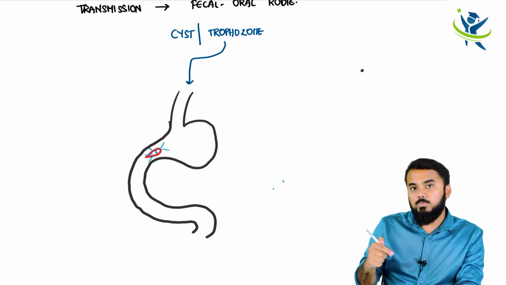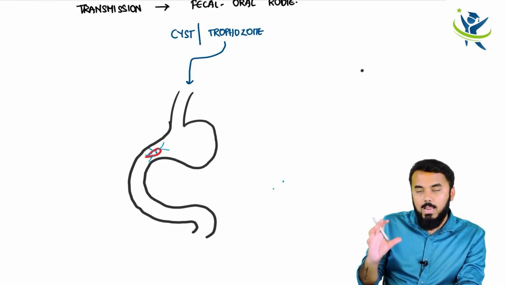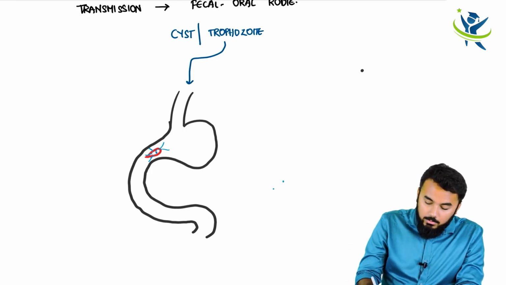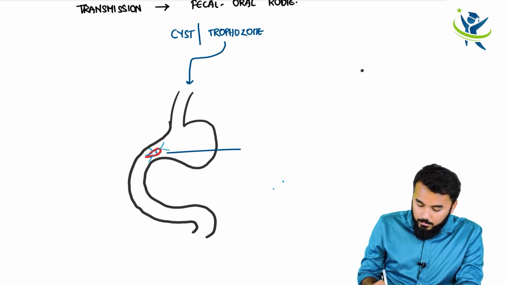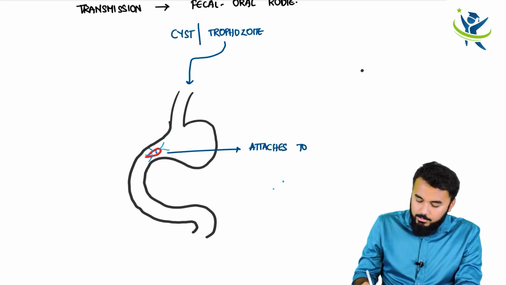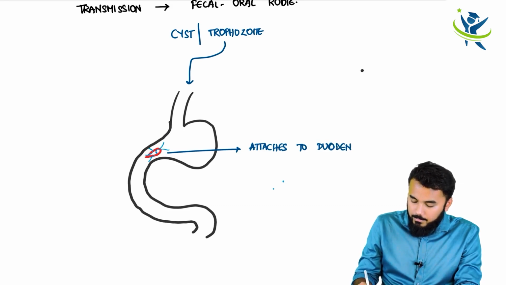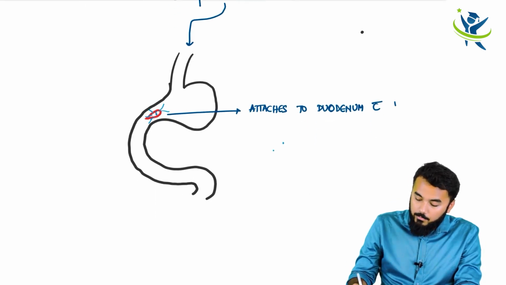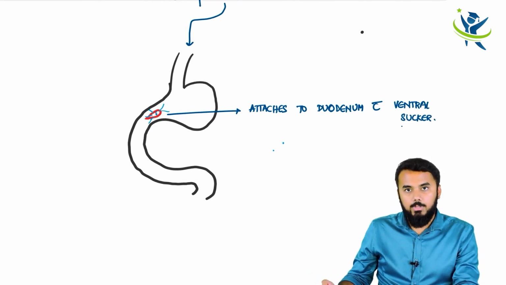With the help of the ventral sucker, this trophozoite attaches to the duodenum.